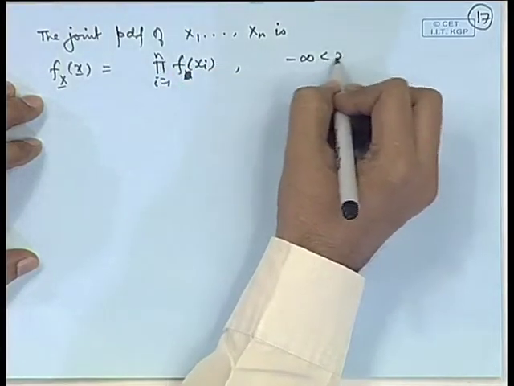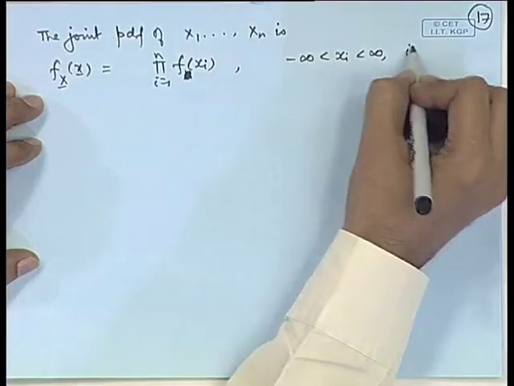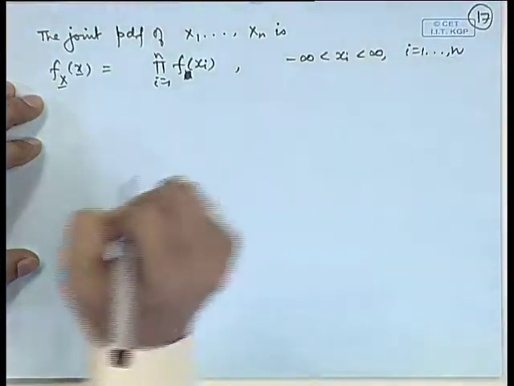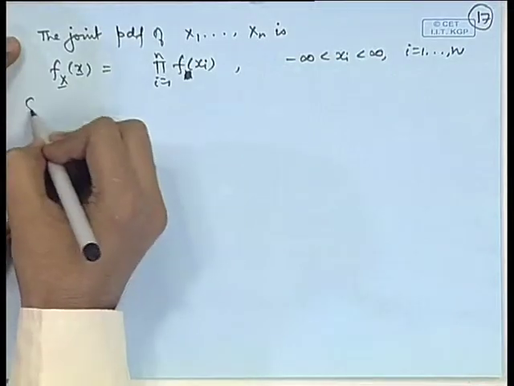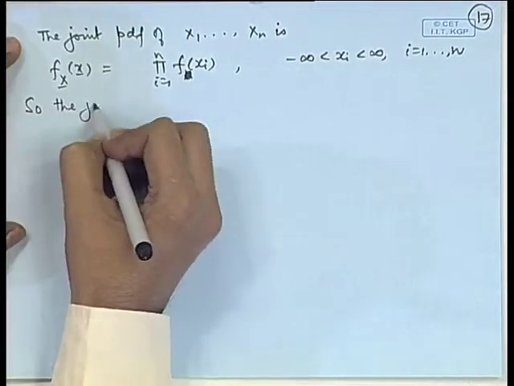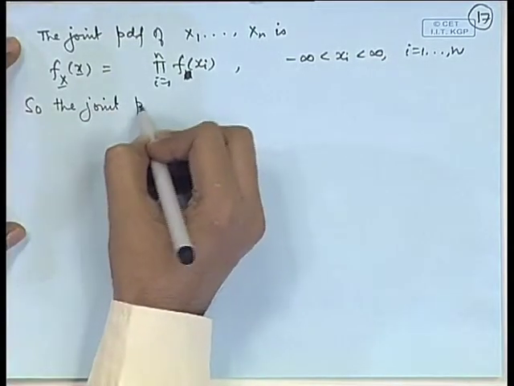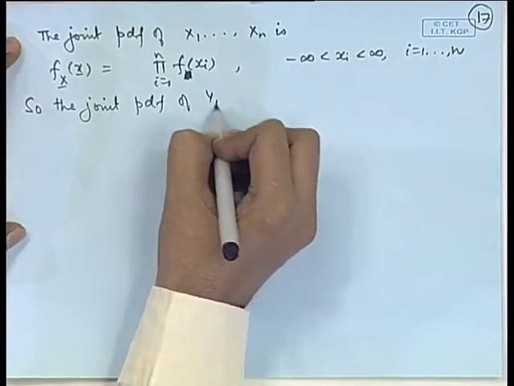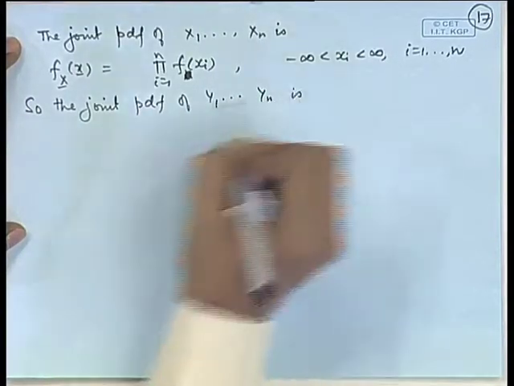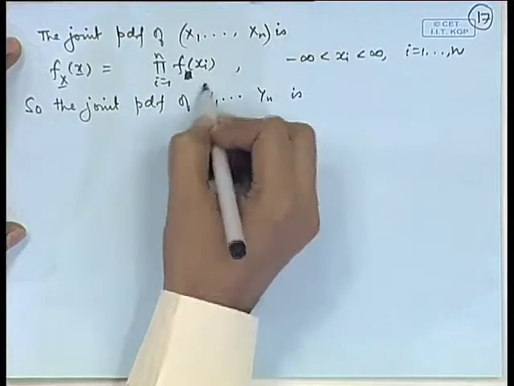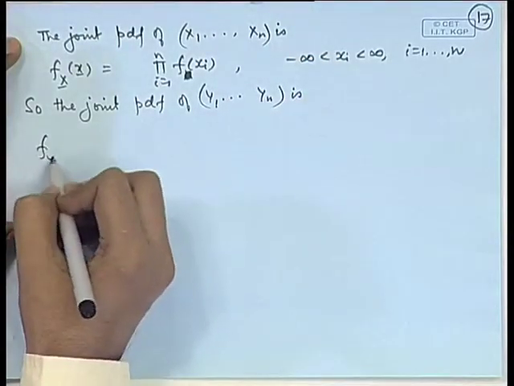So, in general the regions are defined, so the joint PDF of y 1, y 2, y n, that is the order statistics, f of y.